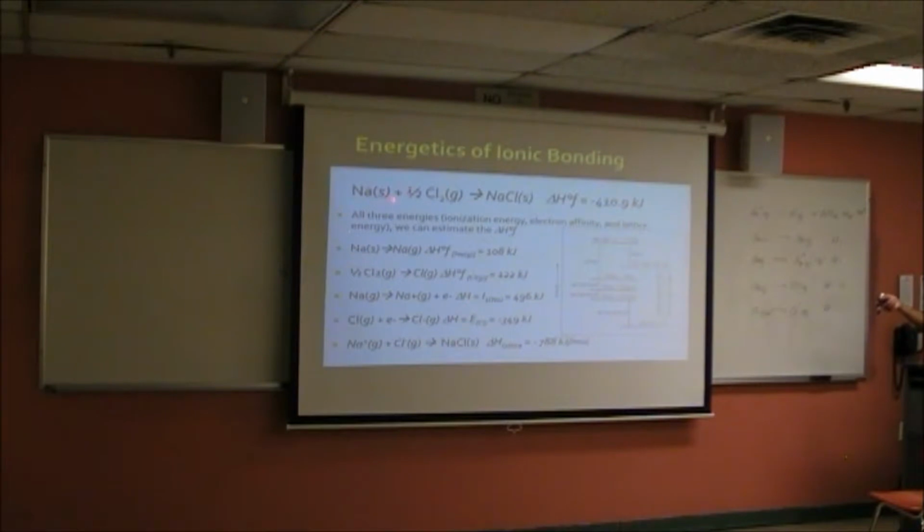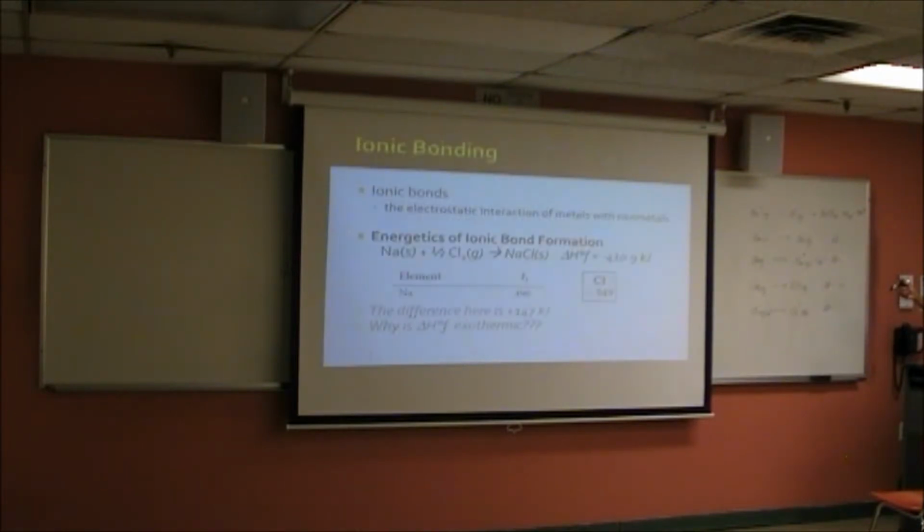You need half a mole of chlorine gas. To break the chlorine bond, it's 242 kJs. So you have to find what everything is.